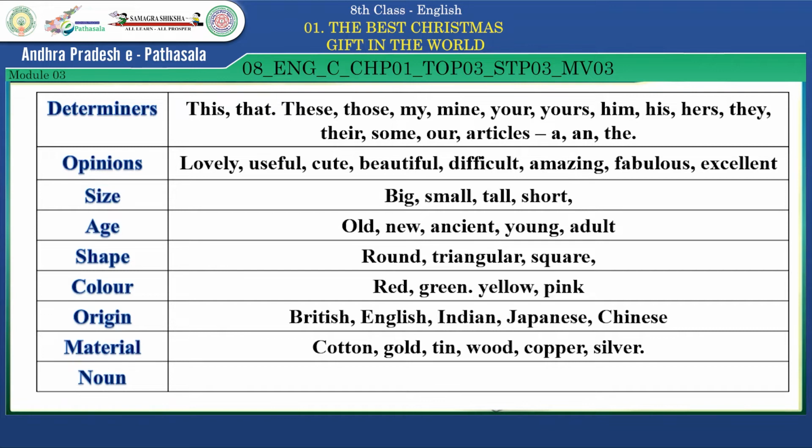Age: old, new, ancient, young, adult. Shape: round, triangular, square. Color: red, green, pink, yellow, etc. Origin: British, English, Indian, Japanese, Chinese. Material: cotton, gold, tin, wood, copper, silver.